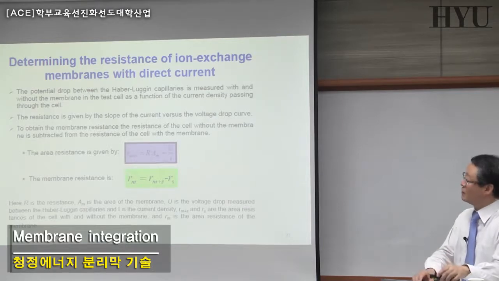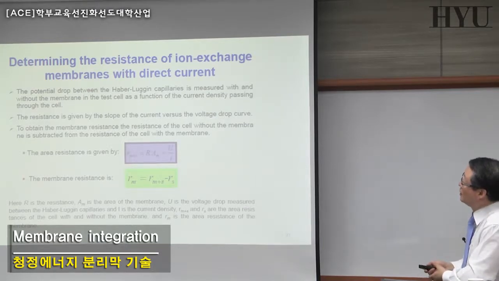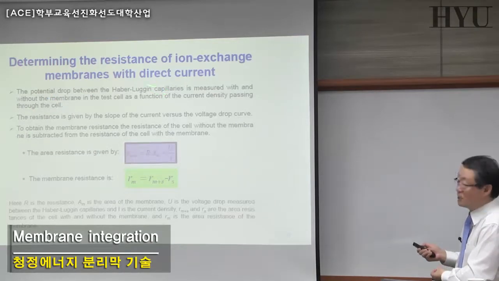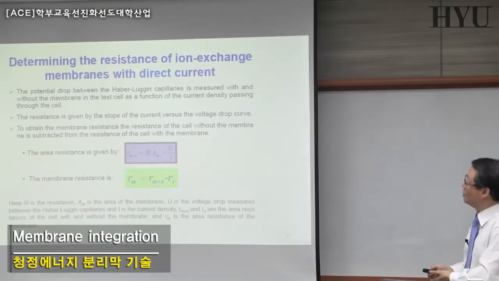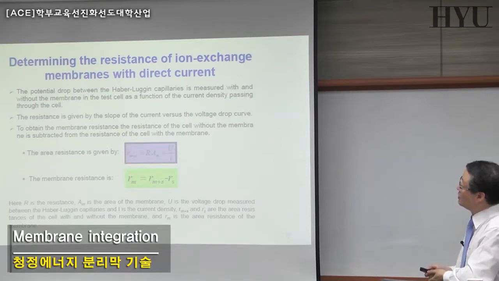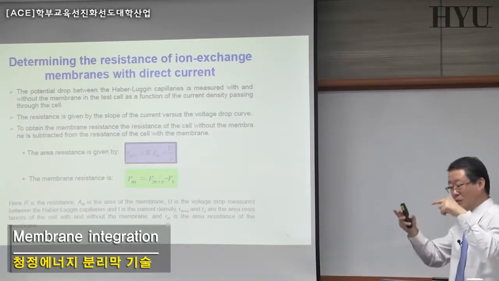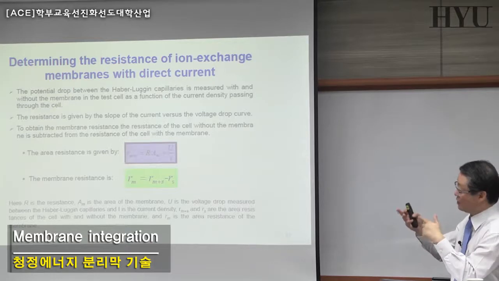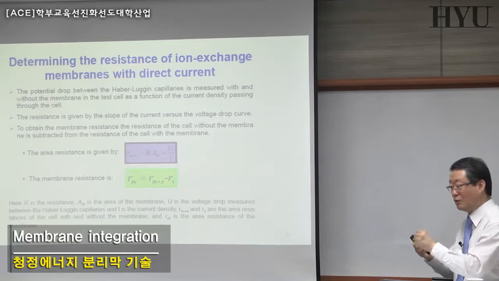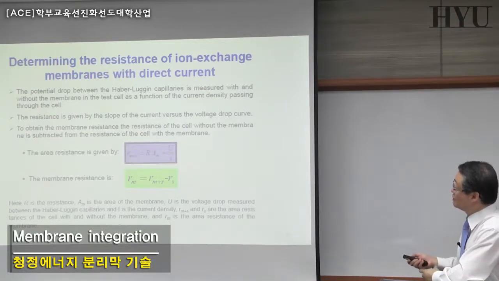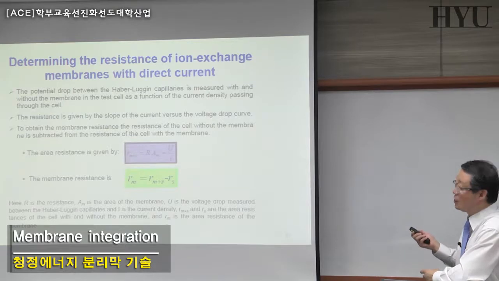So if we summarize what we have done, in this case the potential drop between the small capillaries, along the line of the membrane, is measured with the membrane or without the membrane. Without the membrane, the electrical potential drop of the solution will be used as a calibration curve. So you have to deduct the effect of the solution when you want to know about the potential drop due to the presence of the membrane.